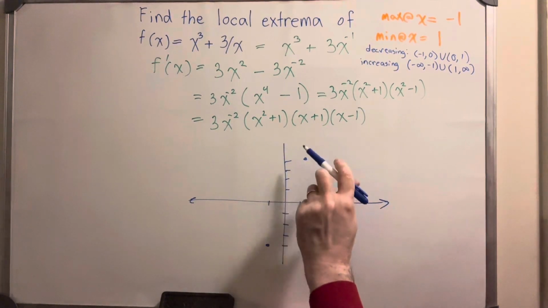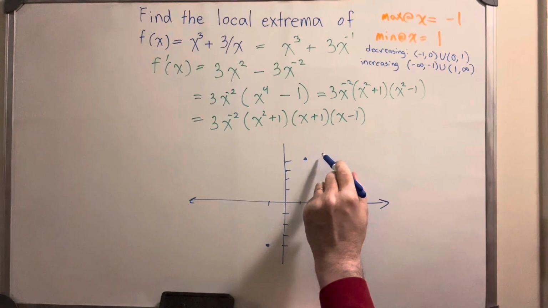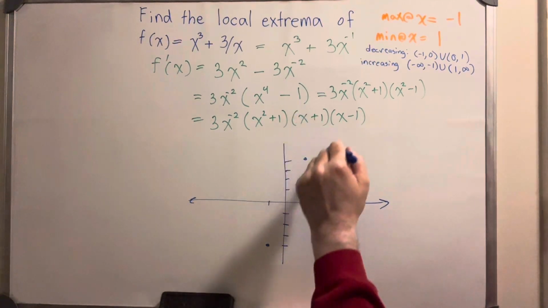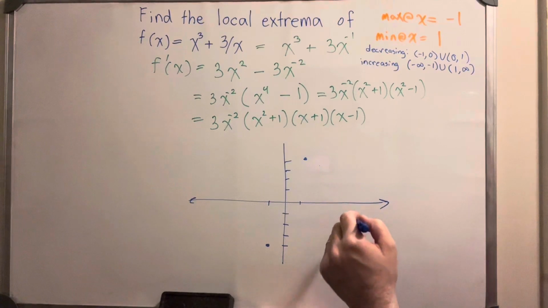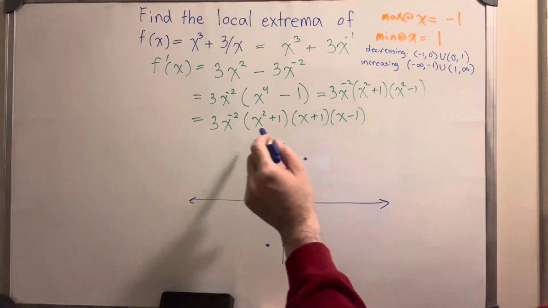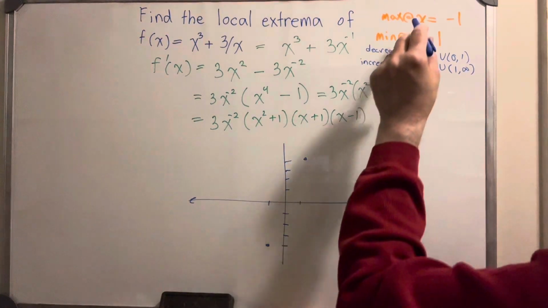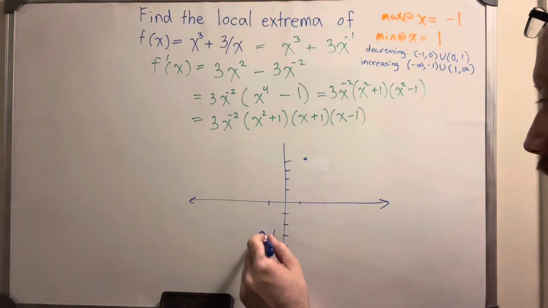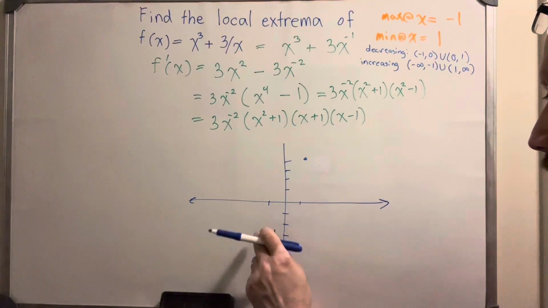These places right before and right after 1, 4 are going to be above it. And at negative 1, there's a max, so it's not going to go this way or this way.